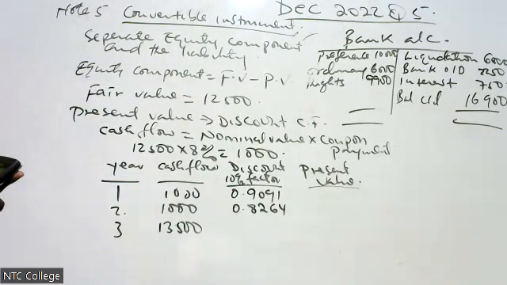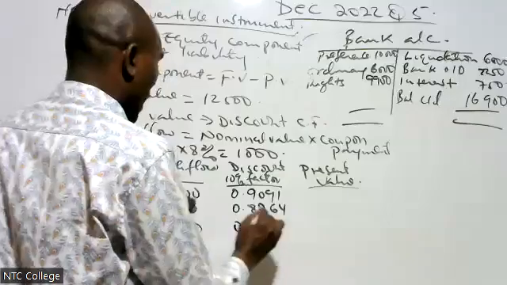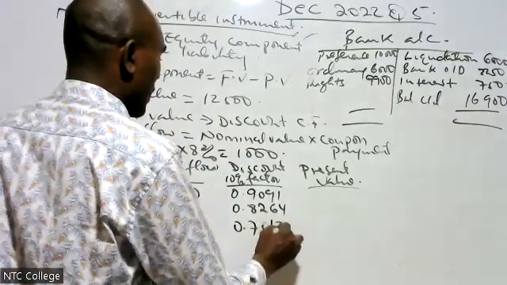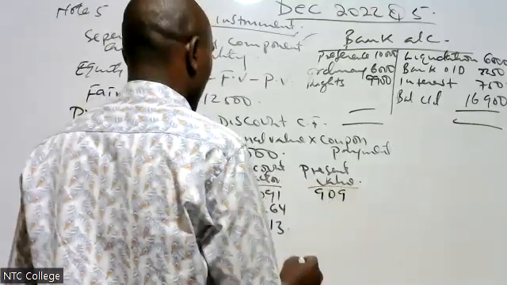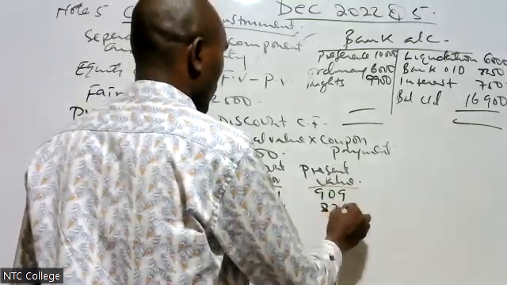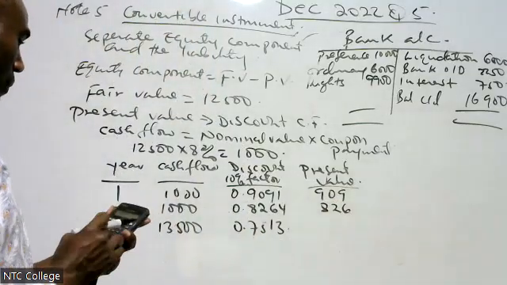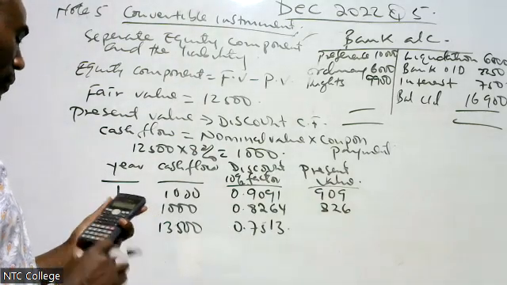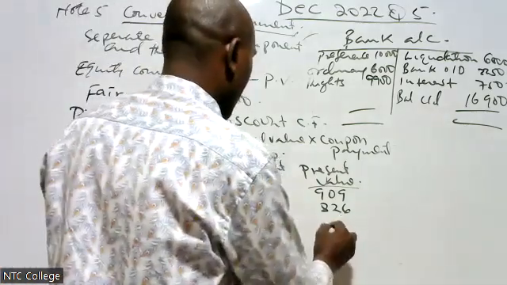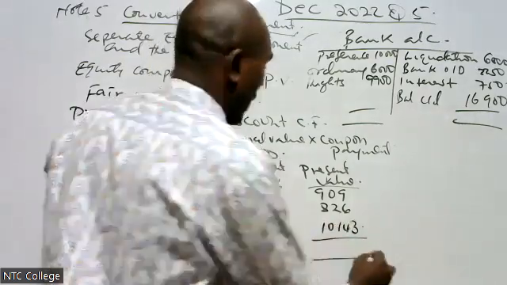Discount factor is 0.75. Then I just multiply. I'm getting 10,143 for the last one. Then I add.